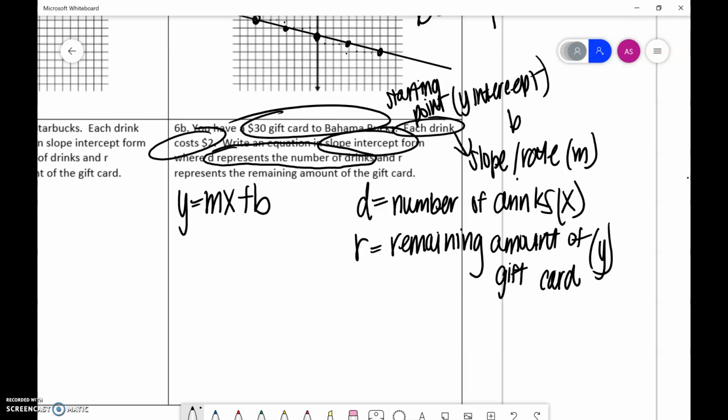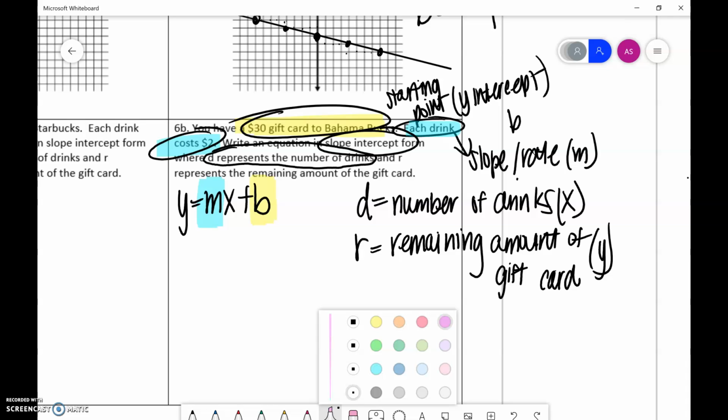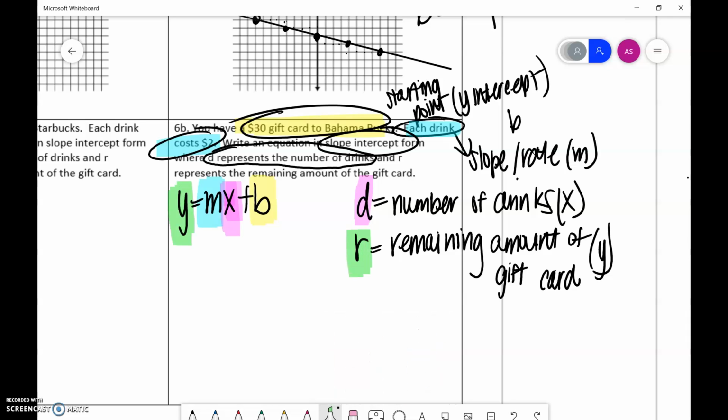And then Y is going to be my R. So when I write out my equation, I'm going to put my starting value where my y-intercept is, and I'm going to put my slope where my m is. And as we said, our x is going to be D, and our y, we use green, our y is going to be R.